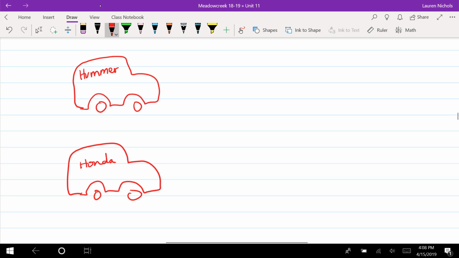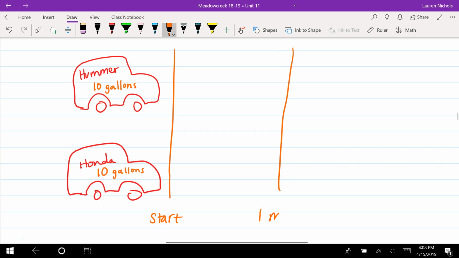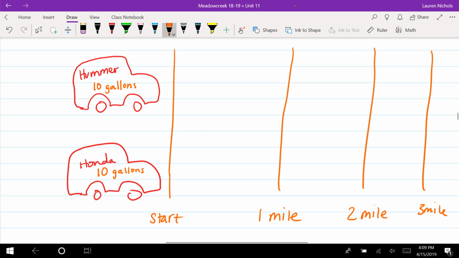Now, if you have both a Hummer and a Honda, and they're in a race, and they both have 10 gallons of gas, the way to win the race is to see who can drive the farthest. Let's say they're starting out at the start line, and the markers are at the miles. So 1 mile, 2 miles, 3 miles, which my miles are not evenly spread, but you know what I mean.